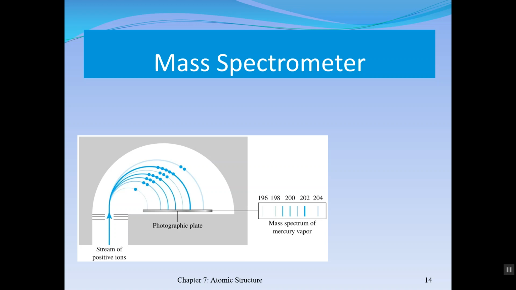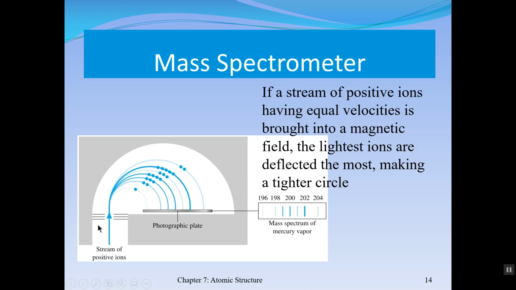There are different techniques used to convert the atoms of mercury to ions, and then those ions are allowed to pass through this region. Now, this region will have a magnetic field, and the magnetic field will have an effect on how the electrons are deflected. We saw that earlier when we looked at the formation of cathode rays.